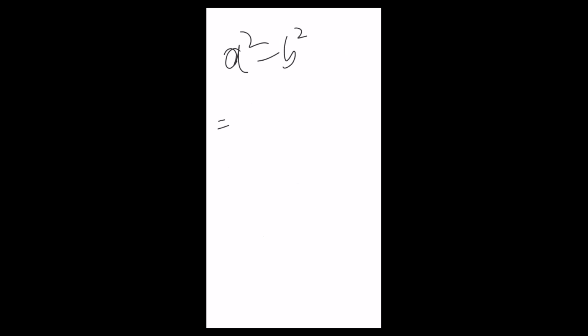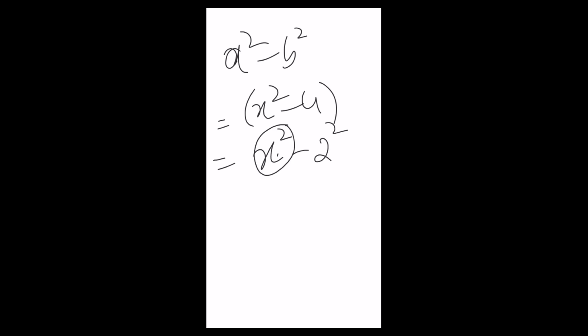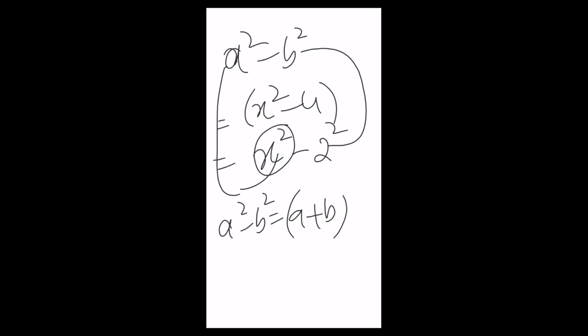If you convert this formula into the previous denominator, x square minus 4 can be x square minus 2 square. Now you consider this x as your a and this 2 as your b. So what does a square minus b square give us when we solve it? It gives us a plus b, a minus b.